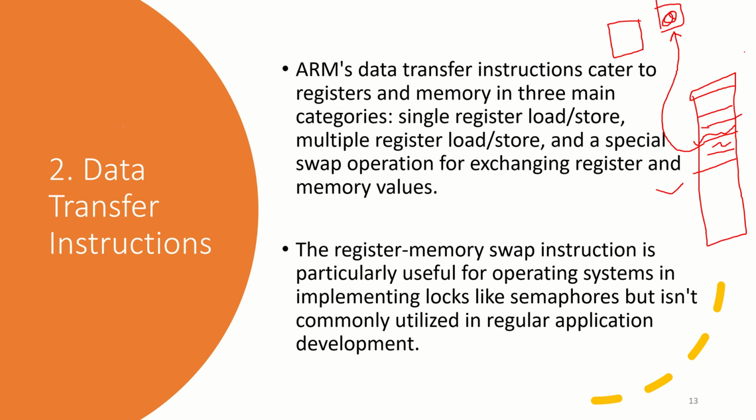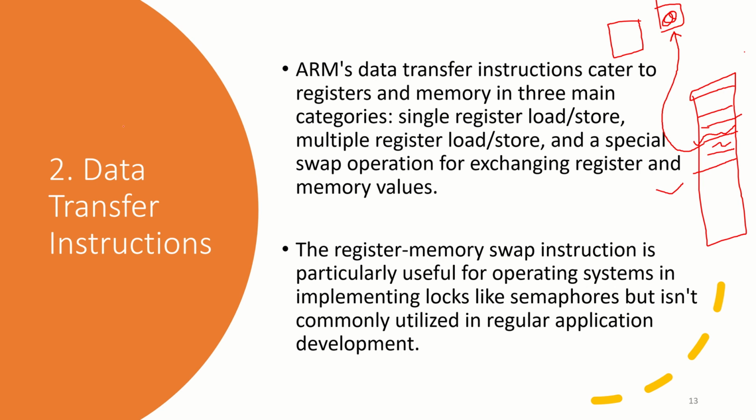So there are two terminologies. Transferring the data from memory into a register, we call it loading the register, load. Transferring the data from a register into memory, we call it store, storing the register into a memory location.